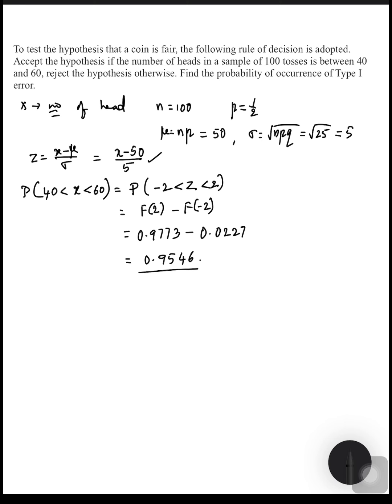But we need the probability of x not lying between 40 and 60. That will be equal to 1 minus 0.9546, which is 0.0454. So we can say that the probability of occurrence of type 1 error is 0.0454.